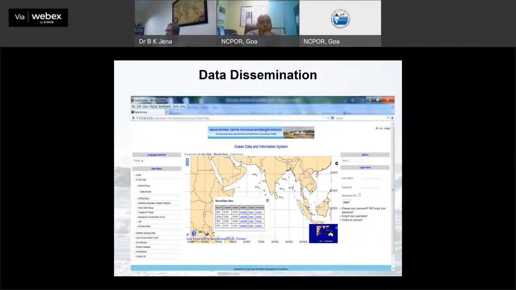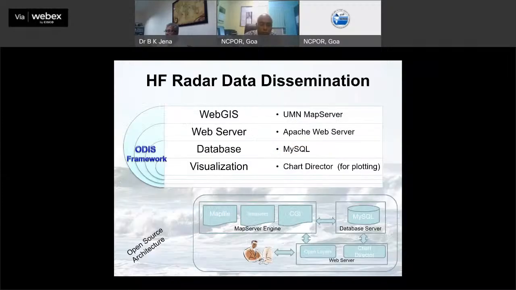And as I told, the data dissemination is done by INCOIS; they have a portal. You can log in there, go to the data information systems, and go to HFDR, Institute data and HFDR. You can select any site, and you can also request them by mail, and they will provide you the data.